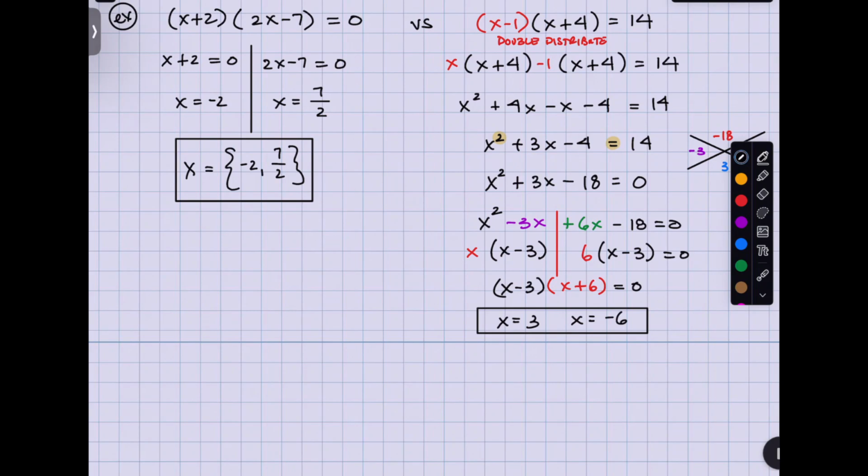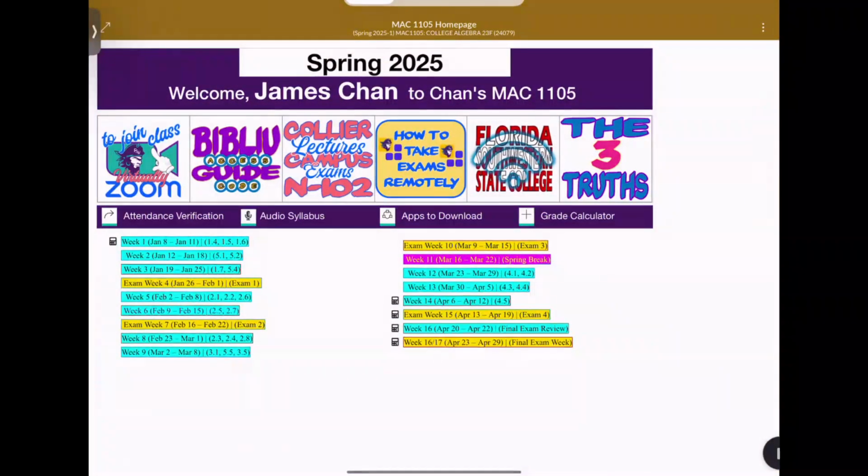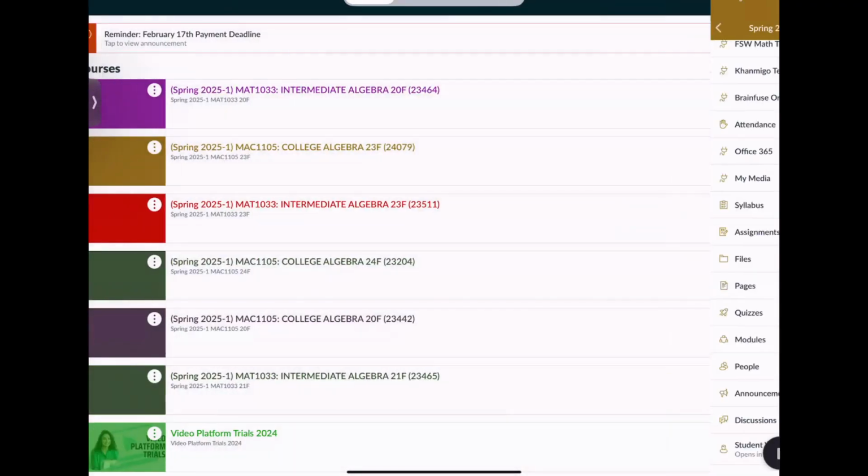Any questions on the review? I'm sure everybody opened the review already, right? Let's see. I actually don't know when I opened. Maybe I didn't open it.